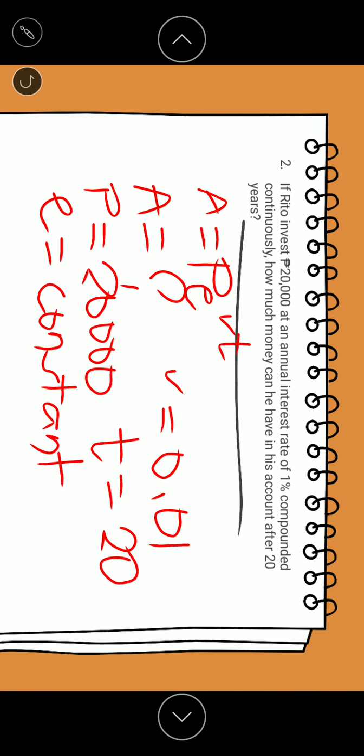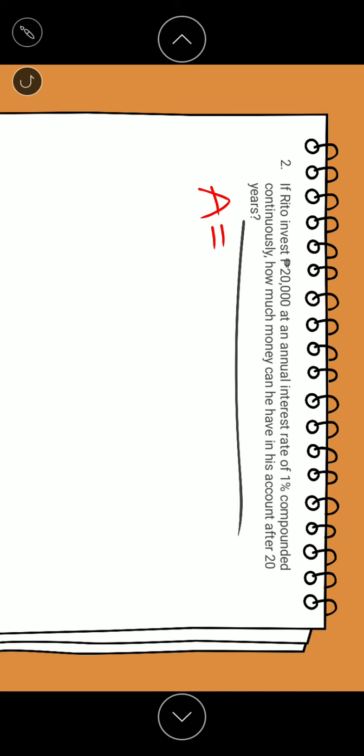So now we have the formula and the given facts or values to help us solve the given problem. First, in the solution, write down again the formula to use, which is A equals P times Euler's number to the power of R and T. Second, substitute all the given values to the formula. So copy A. P is 20,000.